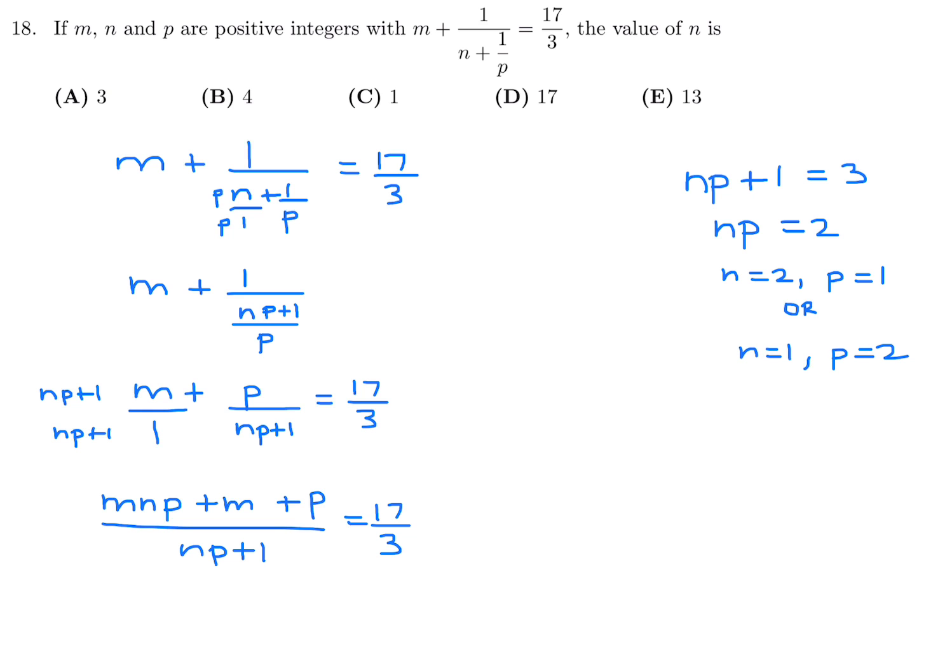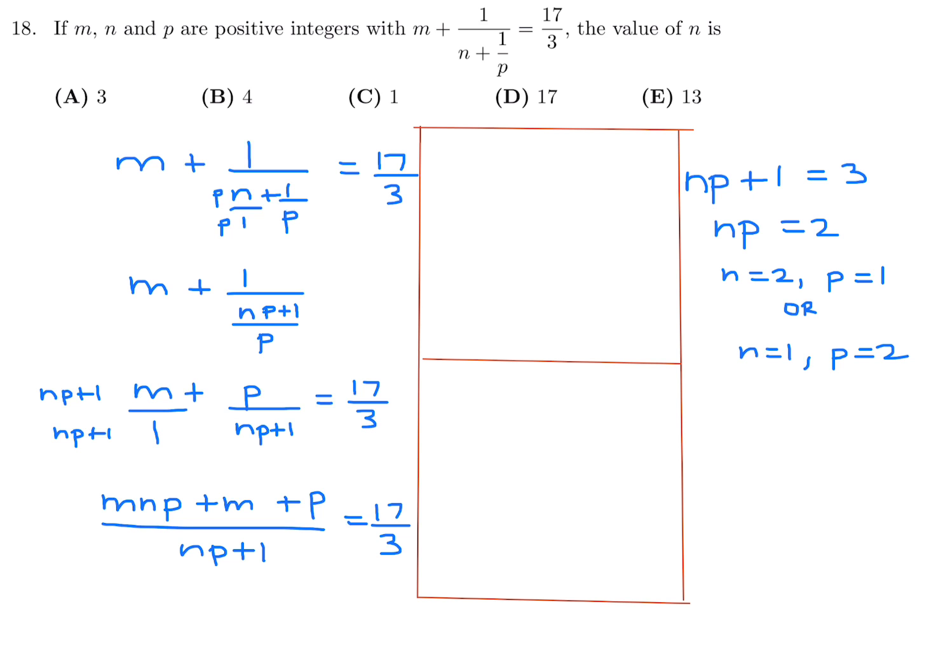All right, so let's figure out what happens to the numerator for each of those scenarios. First, let's do it for this scenario where n is 2 and p is 1. So we have mnp plus m plus p, and that's equal to 17. So substitute n equals 2.